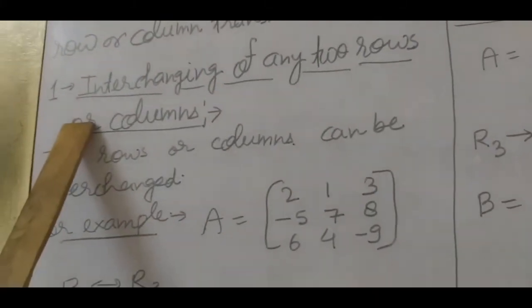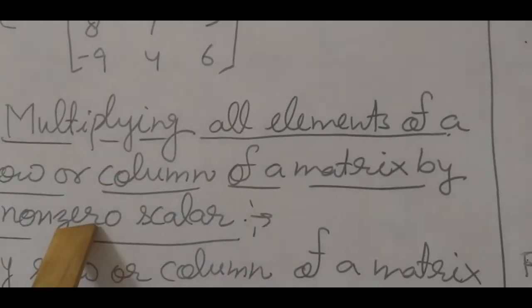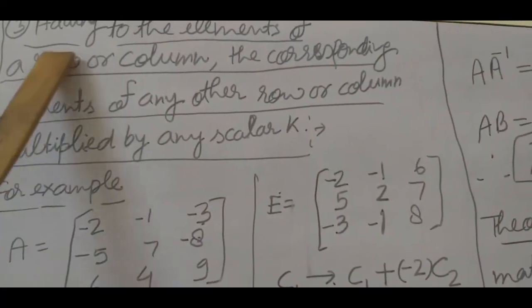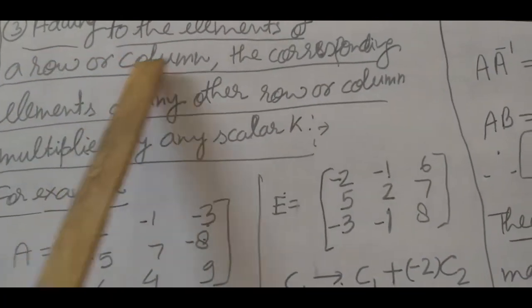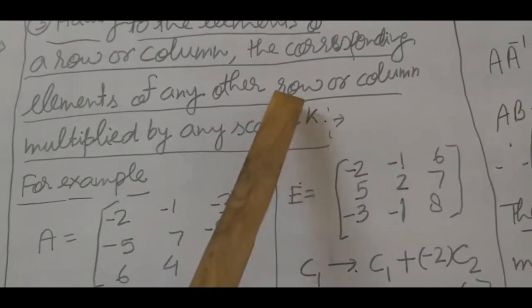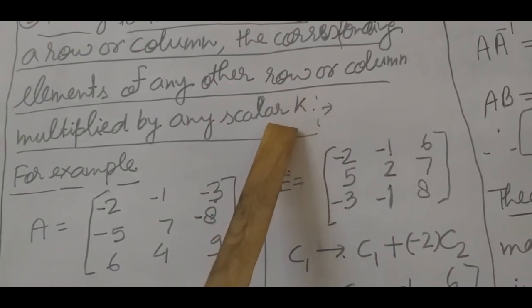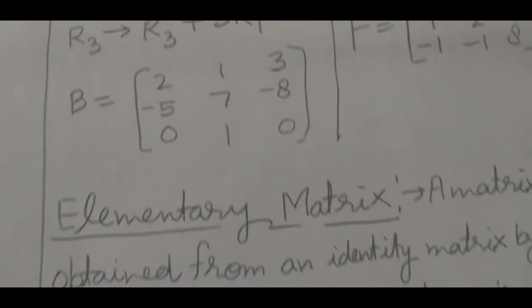So there are 3 operations, students. First operation, interchanging. Second operation, multiply any row or column by any scalar. Third operation, adding any row to any other row after multiplication of any other row by any scalar. So these are 3 operations, students.